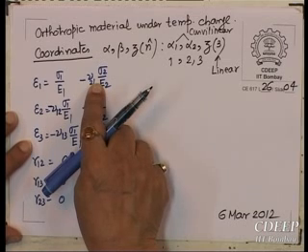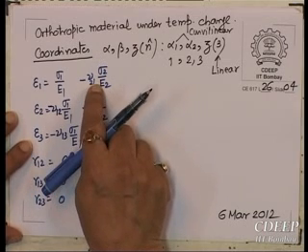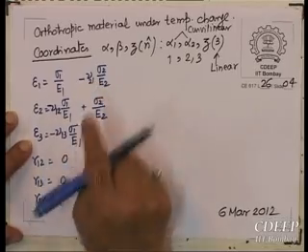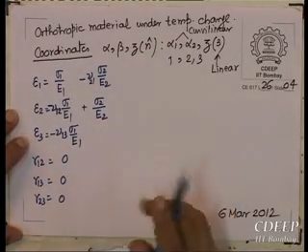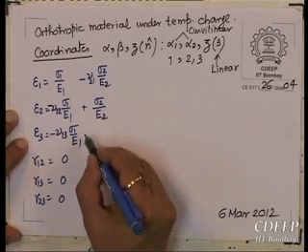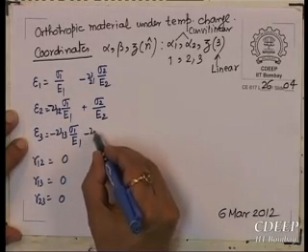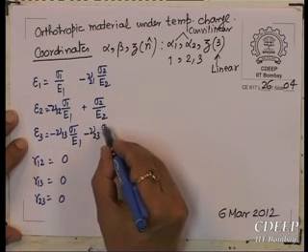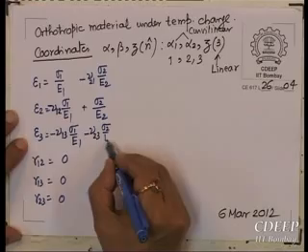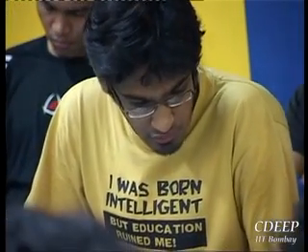If there is a Hooke's law defined where 1 2 comes in the row, then their definition of the Poisson's ratio is different. So 2 1 comes there, then minus nu 2 3 sigma 2 by E2 plus 0.